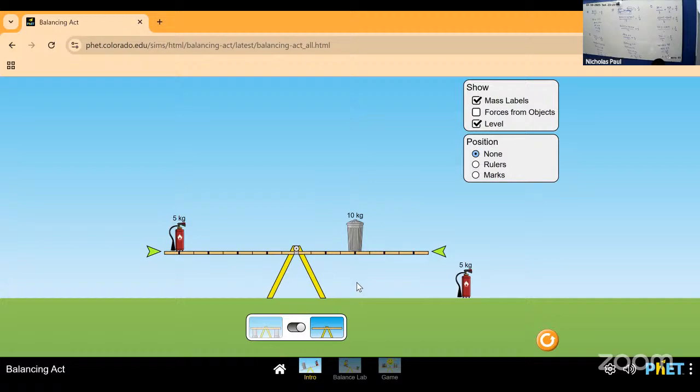Everybody okay with that? So what do the red fire extinguisher and the dustbin have in common? They both have the same moment. If you work out the moment of the trash can and the moment of the fire extinguisher, it's the same. So what you just learned is something called the principle of moments.